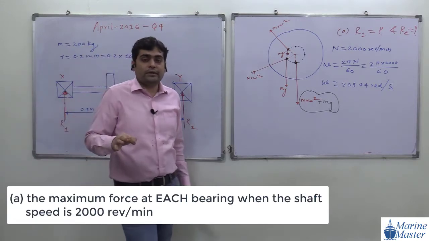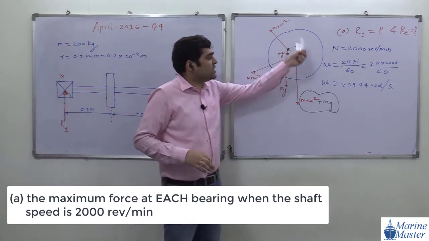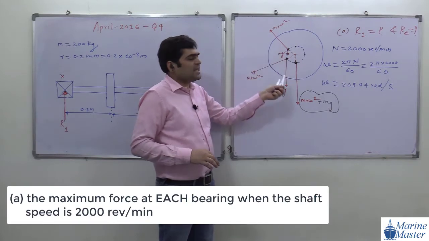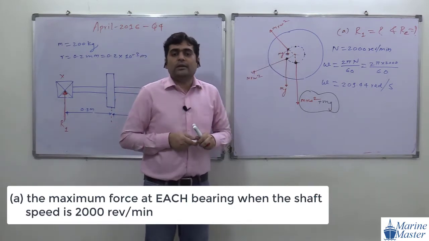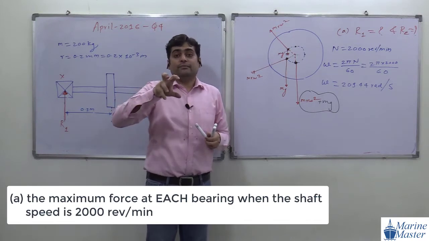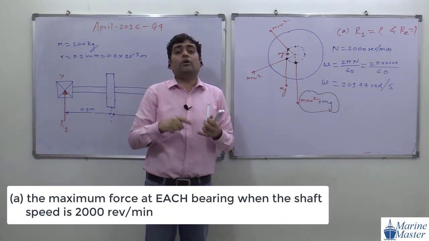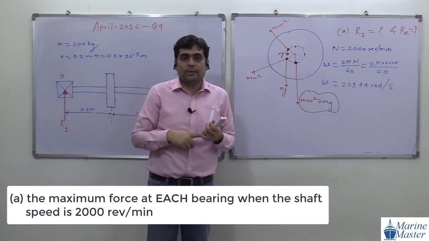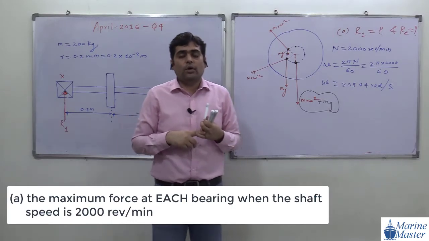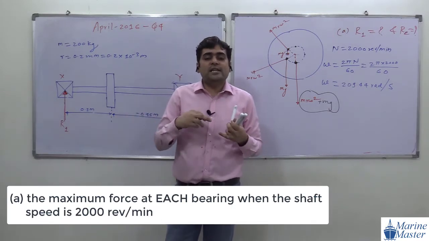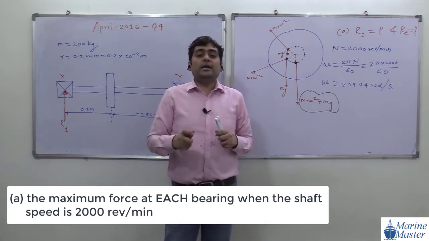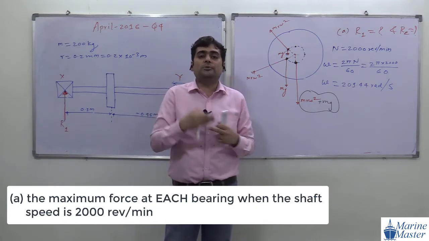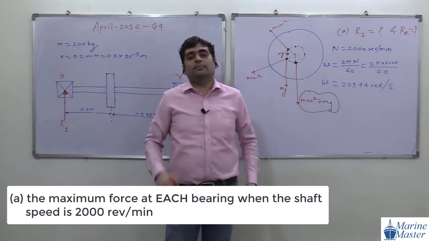Now tell me, at which point will the combined effect of centrifugal force and weight be maximum, when the center of gravity position is changing? Out of the n number of positions, at which point will the overall force, the combination of centrifugal force and weight, be maximum?